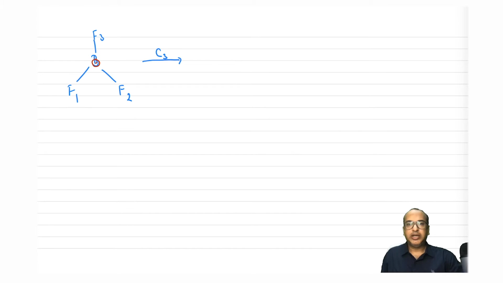So if we do a C3 operation anti-clockwise, what happens? B remains at its own position, and then 1 moves here, 2 moves there, 120-degree rotation, 3 moves here, right? Now let's say we do a C3 square operation, so C3 done twice onto this. What will happen?